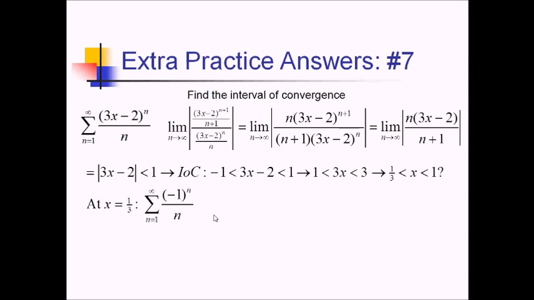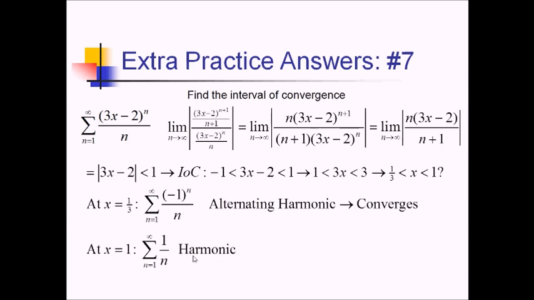This is the alternating harmonic series, which is known to converge. Next, let's test out the endpoint 1. If I have 3 times 1, that's 3, minus 2 is 1, 1 to the n is just 1. So we have 1 over n, which is the harmonic series, which is known to diverge. So final interval of convergence, we have 1/3 less than or equal to x less than 1.